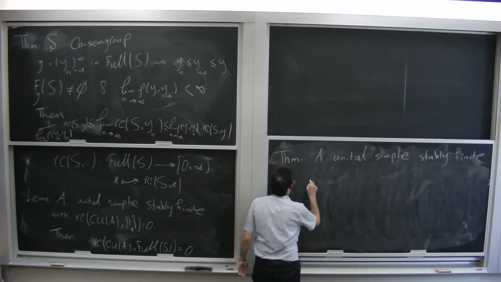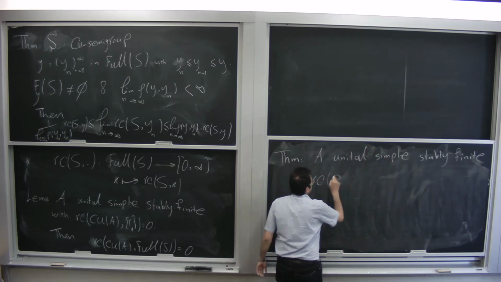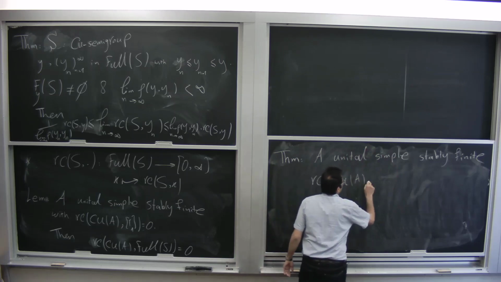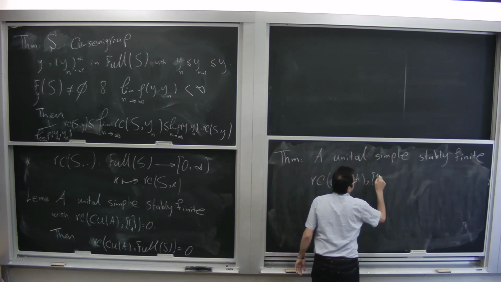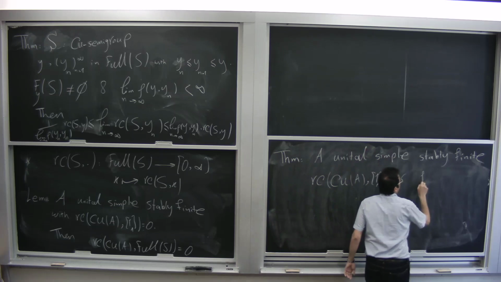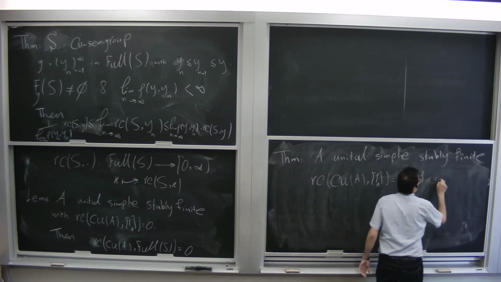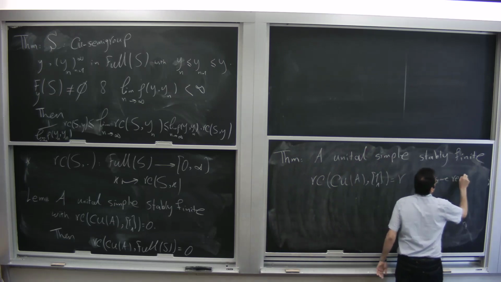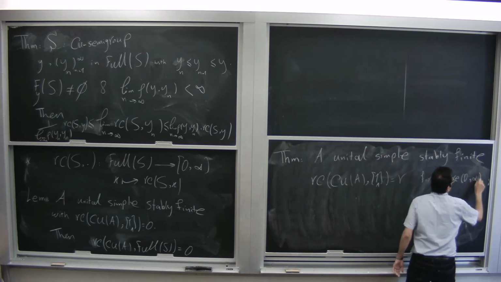And then suppose that the radius of comparison of Cu(A) with respect to the unit is equal to R for some R in (0, infinity).